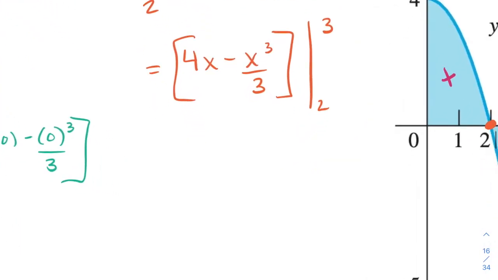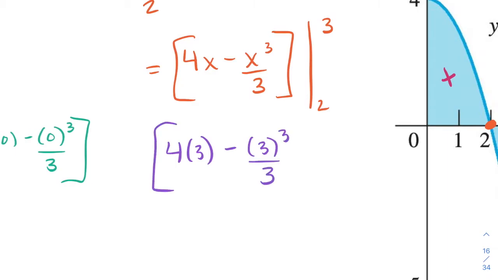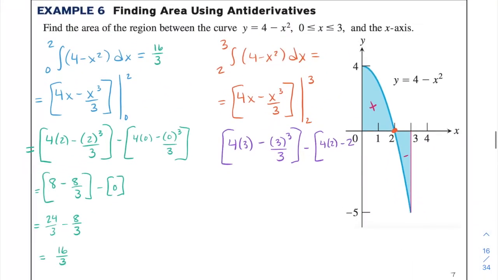So we're going to do 4 times 3 minus 3 cubed over 3, take away 4 times 2 minus 2 cubed over 3. I don't like running out of room.